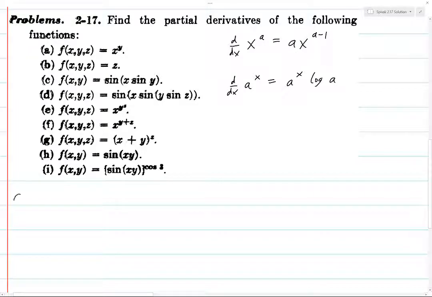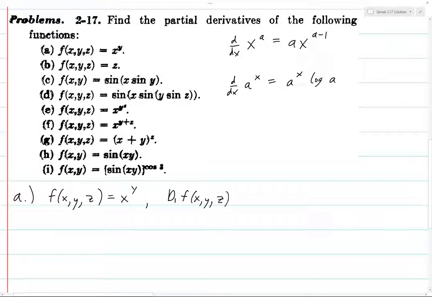But anyway, let's start with f of x, y, z equals x to the power of y. We want the partial derivatives, so derivatives with respect to x, y, and z. So d1 f of x, y, z.